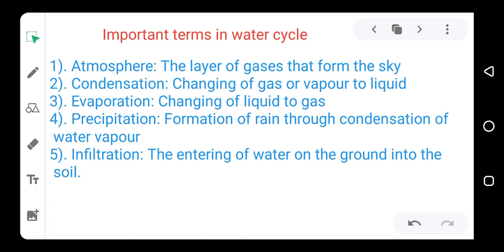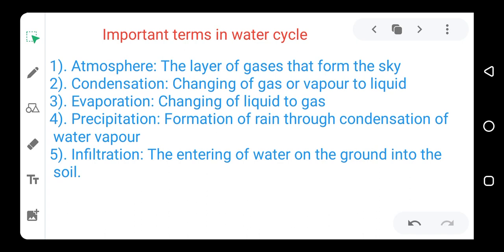When it cools down, it becomes condensed and turns back to water. So that is what we call condensation. Condensation means the cooling down of water vapor and then turning it to water, or changing of gas or water vapor to liquid.